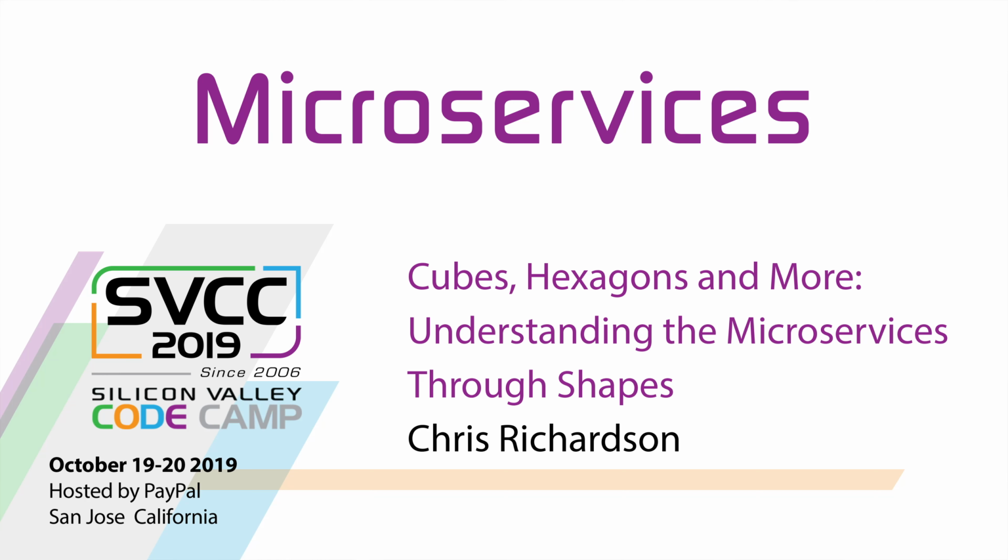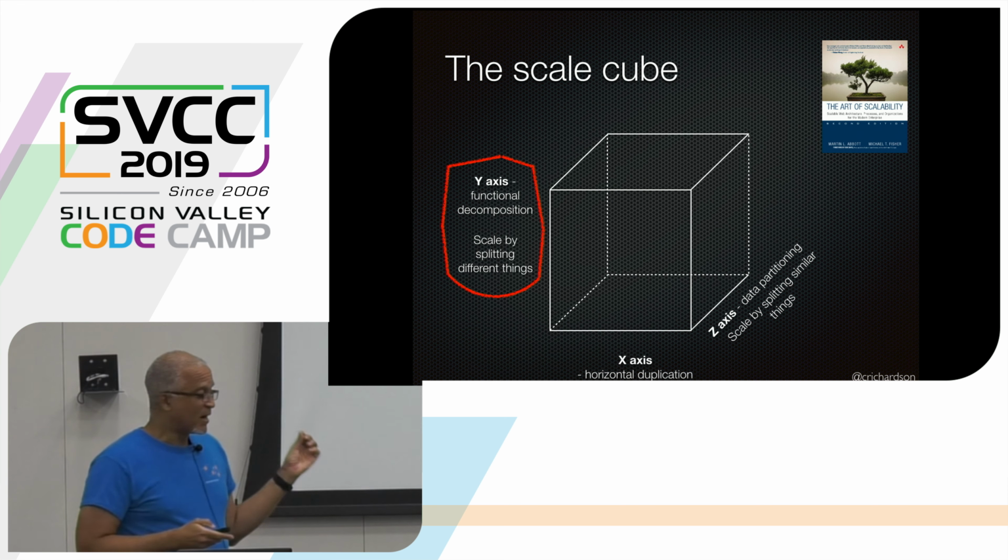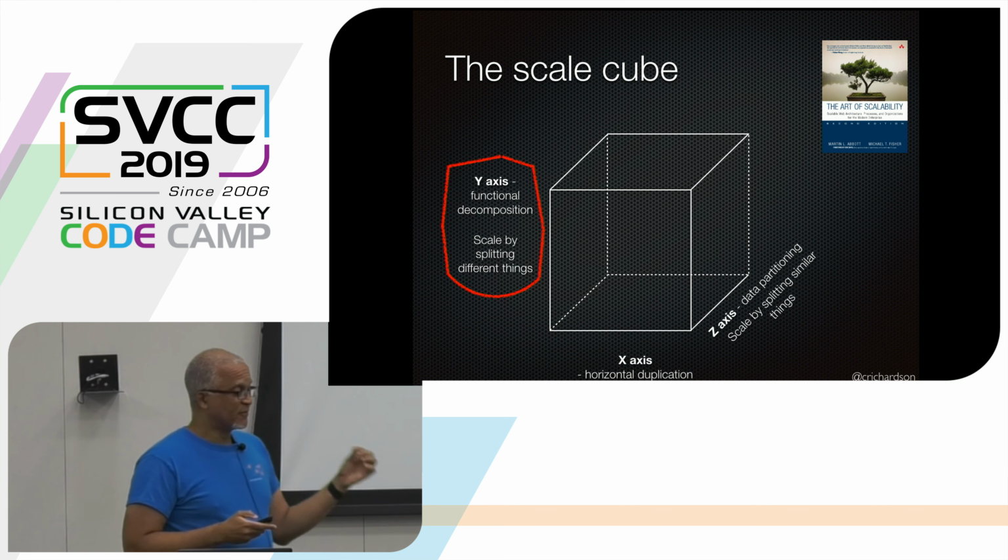And then at the database level, that would be called sharding, where the primary key of the row determines which server that row resides on. But both X and Z axis scaling are ways of scaling the monolith. But there's also Y-axis scaling or functional decomposition, which is quite different.